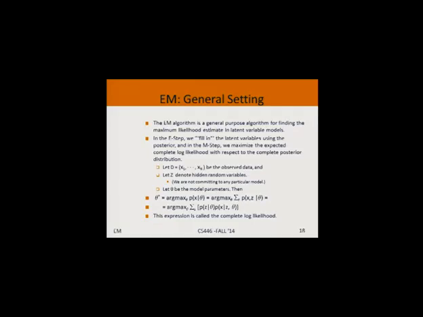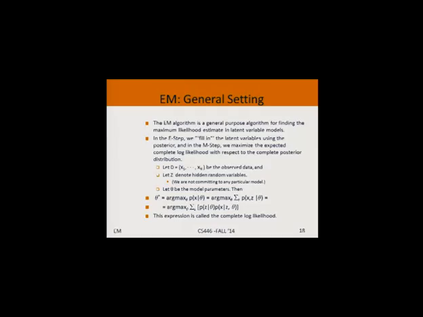So my data is going to be these n points. Z is the hidden variable. And in the next three slides, I'm not committing to any particular model. It's going to be a general setting. And theta is the model parameters. So we care about the theta star, which is the argmax over all possible theta of p of x given theta. And as I said, we're going to marginalize over z.